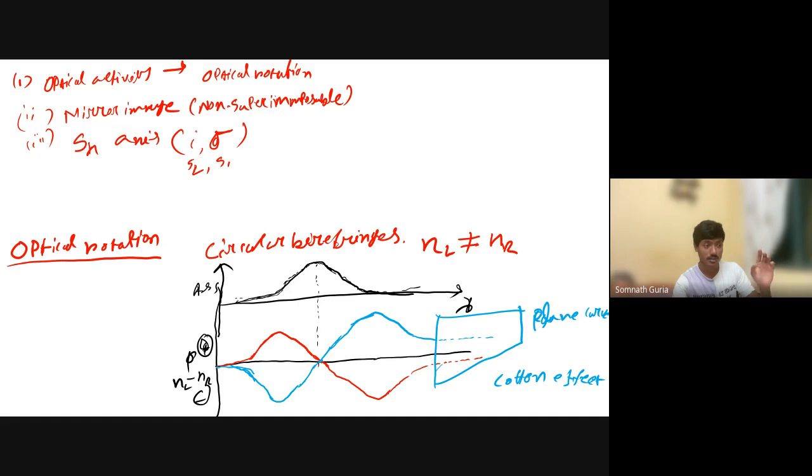If there is no absorbance, then only the plane polarized light will rotate over here, because of the non-zero value of phi in that particular region. This is called optical rotatory dispersion. This phenomenon is called optical rotatory dispersion.